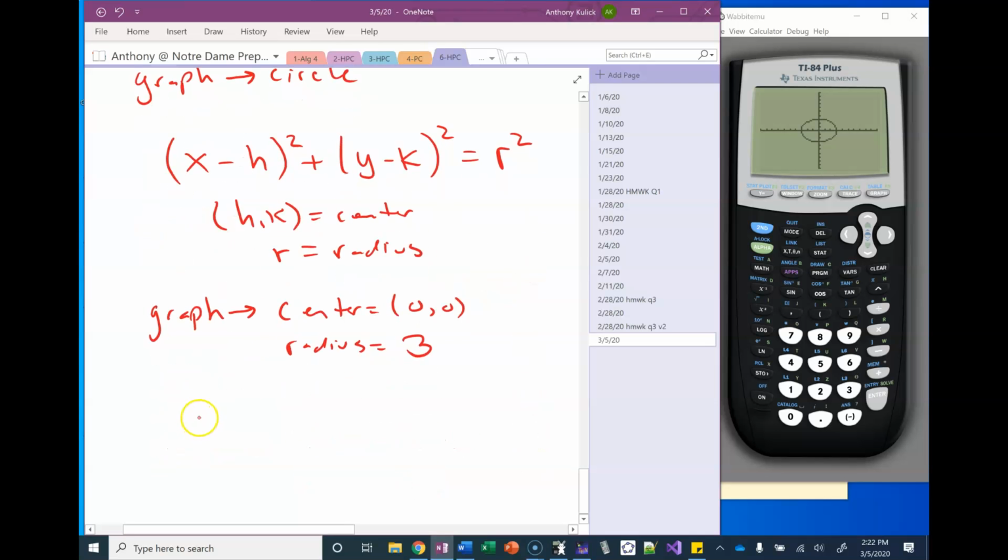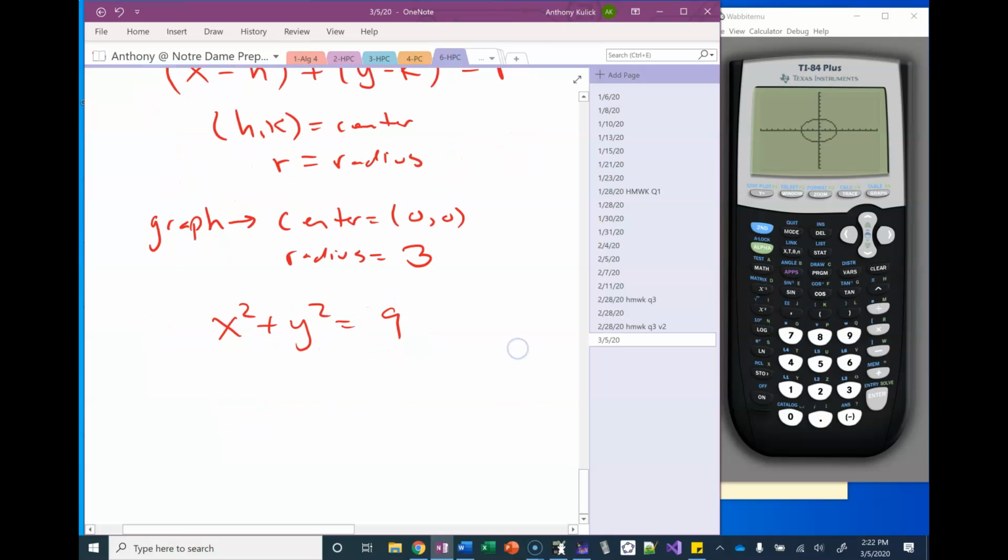So if we plug these into the equation we have above, we get x minus 0 squared plus y minus 0 squared equal to 3 squared. That should be our Cartesian form, right?